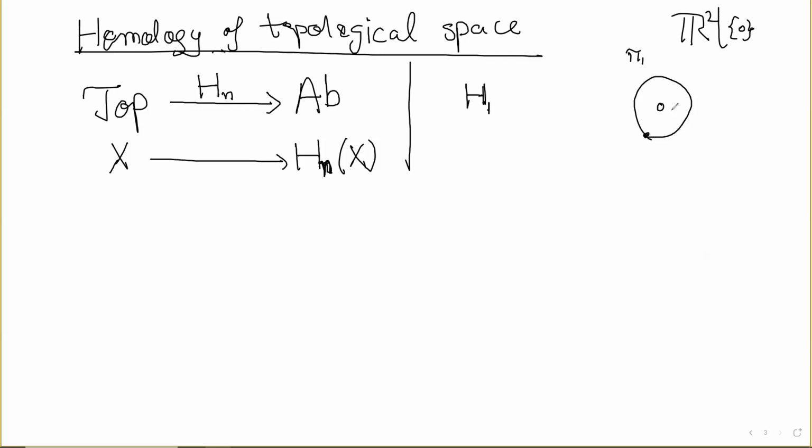Sure, it's a one-dimensional hole, but one-dimensional has to be defined and hole has to be defined, which is even more difficult in some ways. Probably the fundamental group is the definition. Anyway, the point is that the fundamental group remembers the direction.